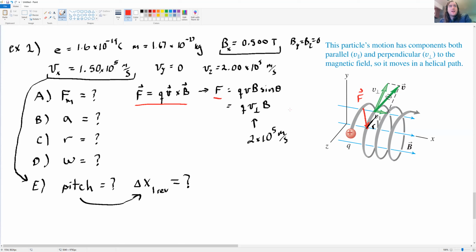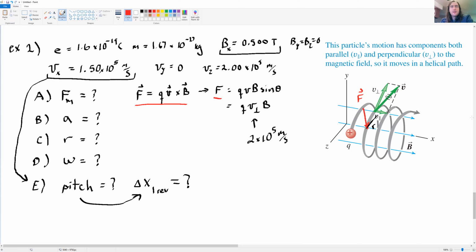And what happens when you take the magnitude of a cross product is you get the magnitude of the two vectors times the sine of the angle between them. And you can go about calculating the magnitude of the velocity and calculating the angle theta and then plugging all that in.